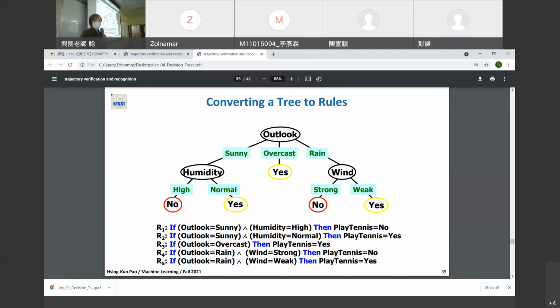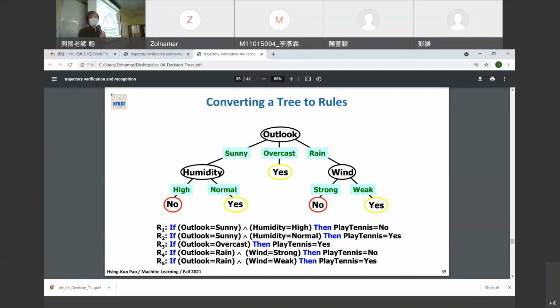We can try to see if some of the terms can be removed without causing a lot of trouble. For instance, outlook looks very important, but for some branch, for some task, outlook could be not so important.